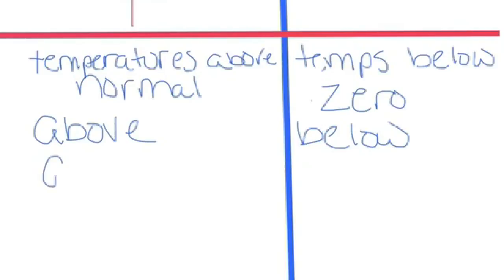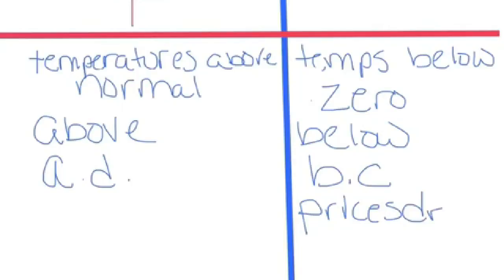Let's do our AD and BC, like I told you before. Let's also do drop. When prices drop, that means negative. Up means positive.